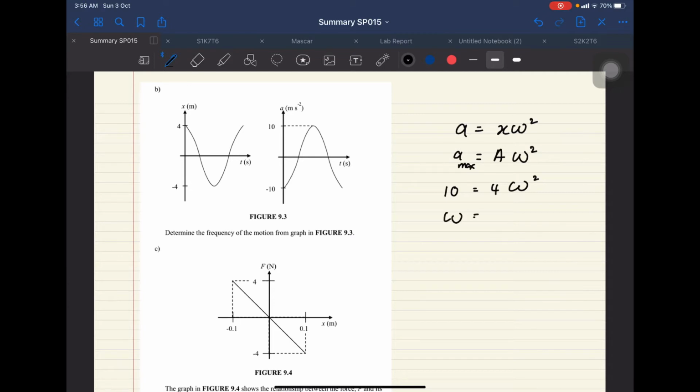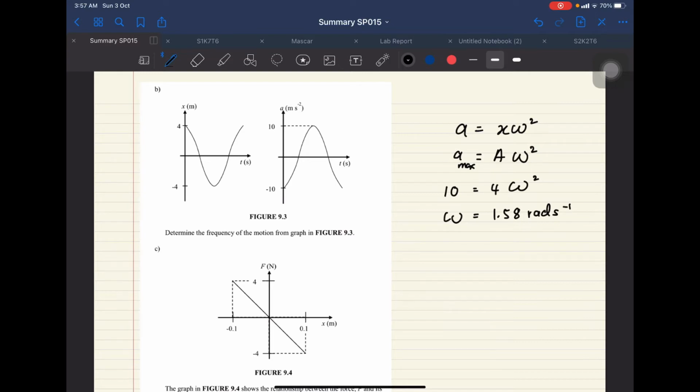Here omega squared will be 10 divided by 4, which is 2.5, but then you still have to take the square root. That would be 1.58 radian per second.